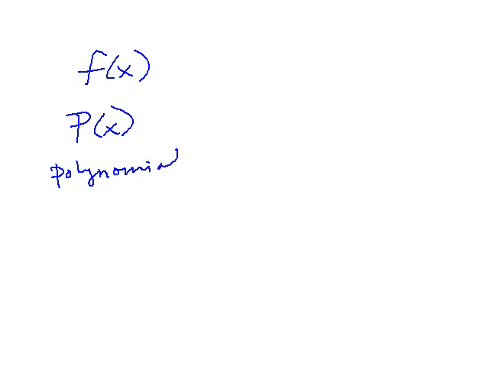Now the polynomial is a collection of those. It is a function, so instead of saying f of x like we usually do, it's typical to write p of x or maybe even q of x, and that signifies polynomial. So it equals a sum of monomials.